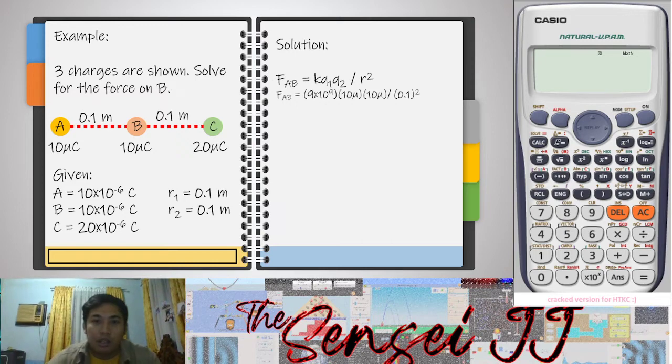Okay, so using our trusty calculator, we have here 9 times 10 raised to 9, and we have here 10 times 10 raised to negative 6, and another 10 times 10 raised to negative 6, and we have here 0.1 squared.